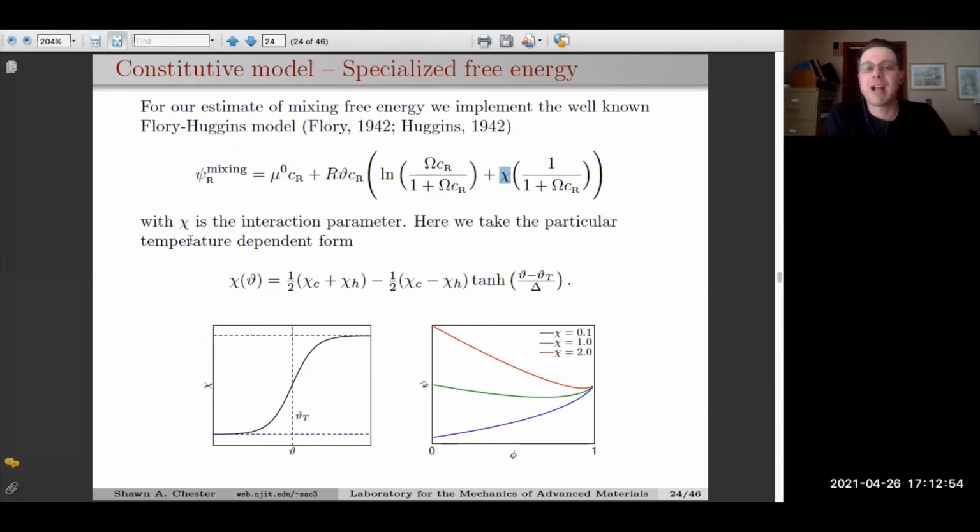It's called the interaction parameter because it really shows you how well the solvent and the polymer want to mix or not mix. So as an example, if you look at the picture on the bottom right here, chi equals 0.1 is in blue, 1.0 and 2.0.